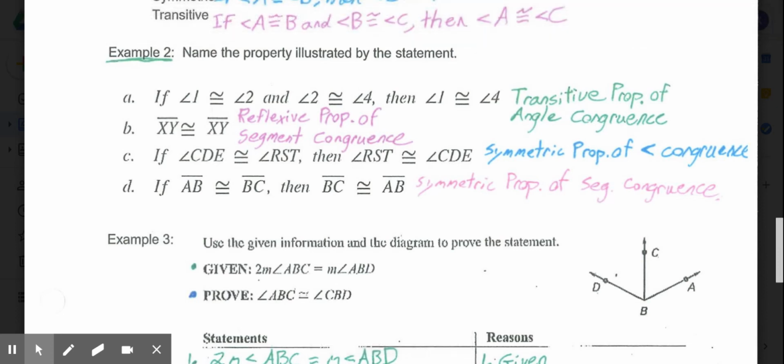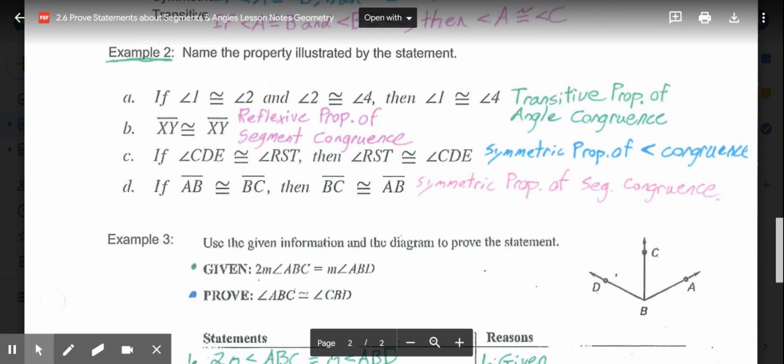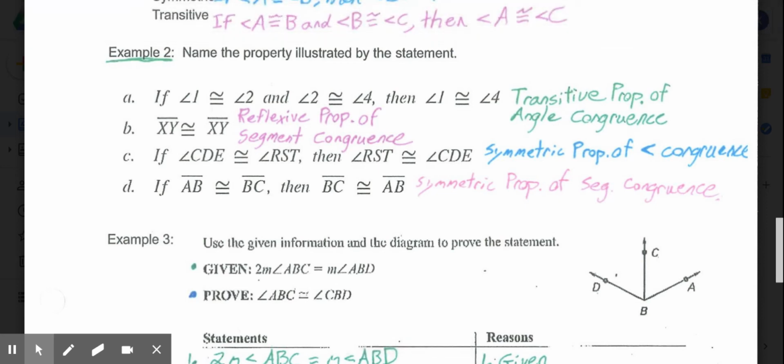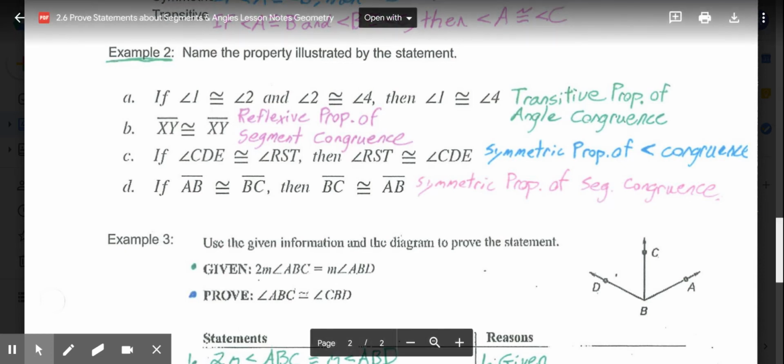Segment XY is congruent to itself, segment XY, so that's the reflexive property of segment congruence. If angle CDE is congruent to angle RST, then angle RST is congruent to angle CDE. Flipping what's on opposite sides of the congruent sign is the symmetric property of angle congruence.